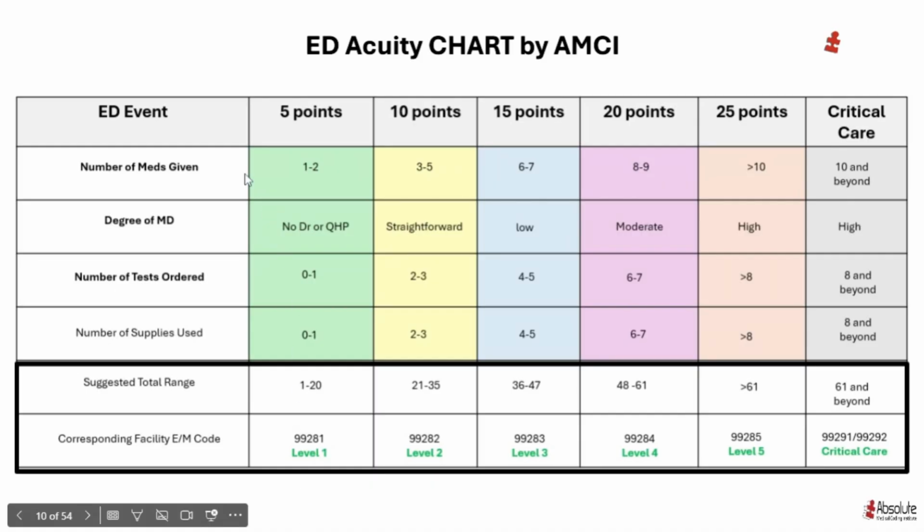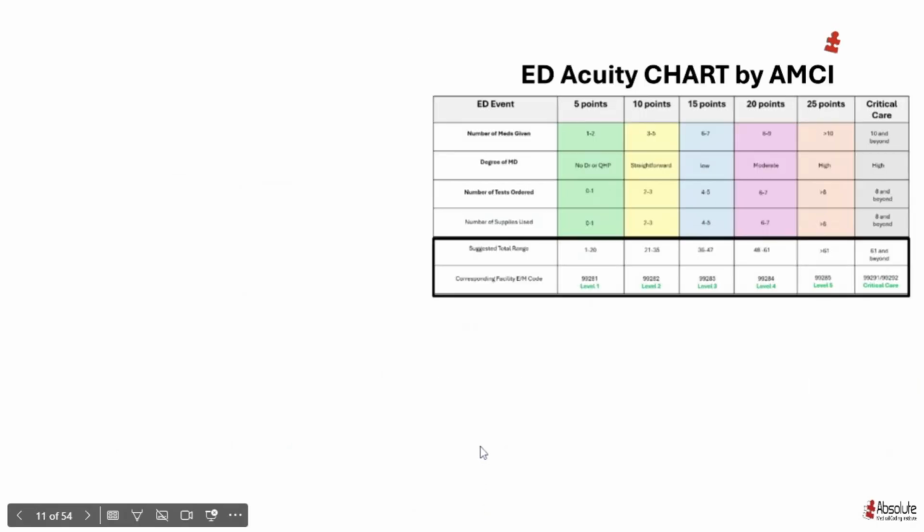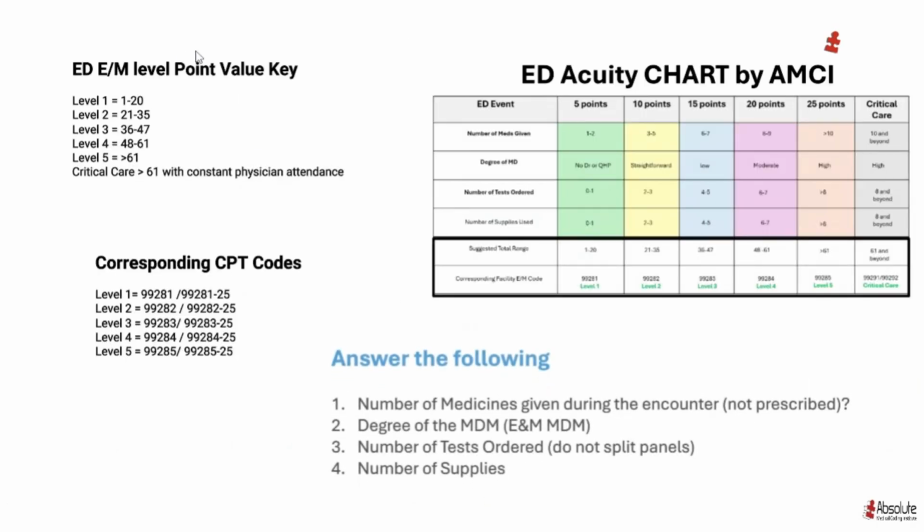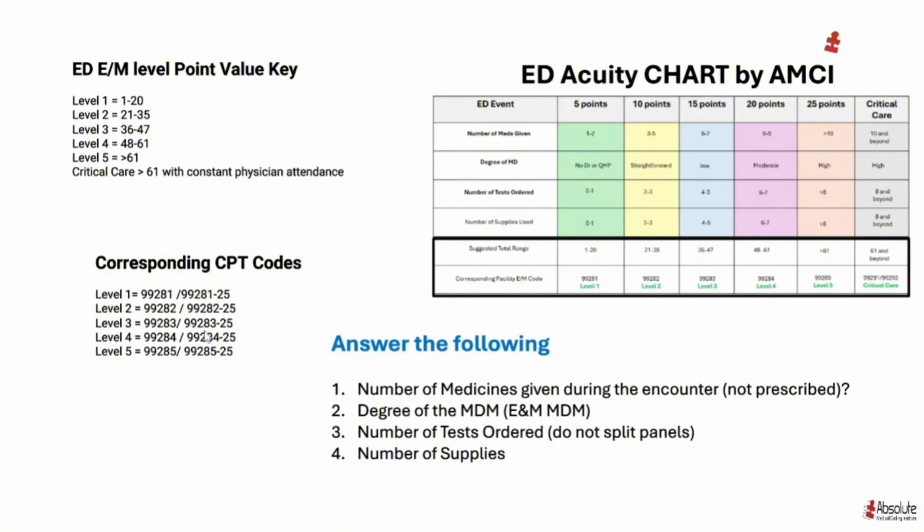Essentially, you follow the events on the left and then assign the points. At the bottom, you determine the level of the emergency department service. It has point values, and the corresponding codes are here.